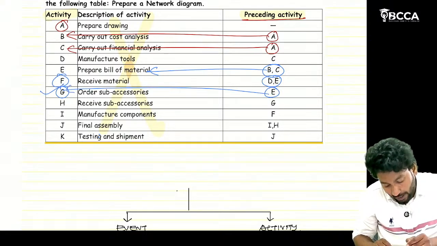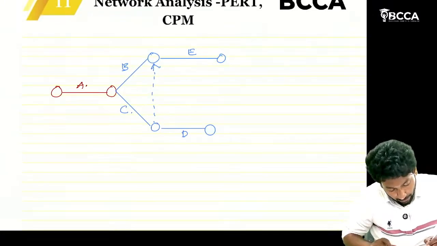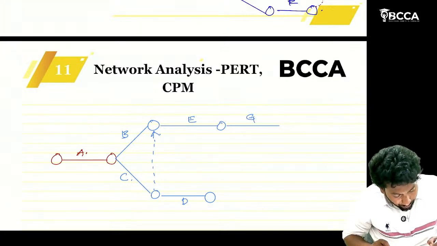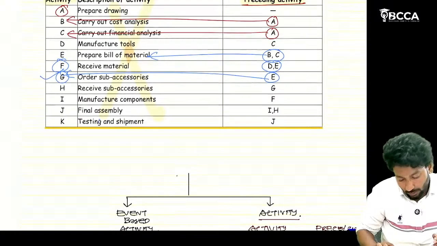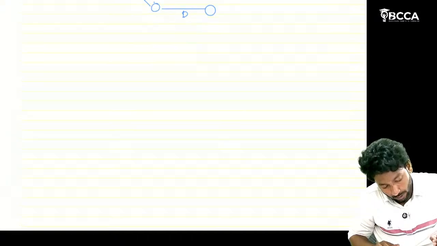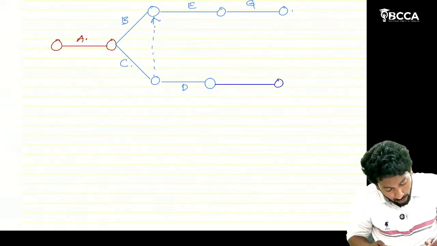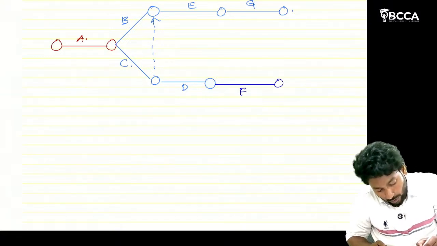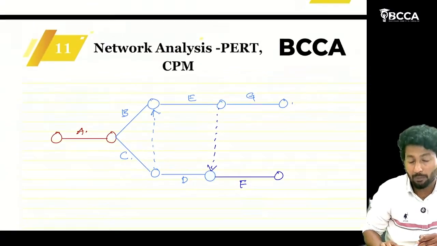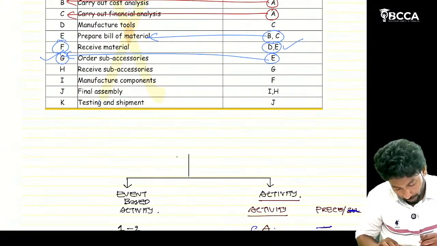As G has one and only one preceding activity E, draw G first from E. Next we draw F, which has D and E as preceding activities, so draw F here. To give the meaning that F has E and D as preceding activities, draw the dummy from E to D.